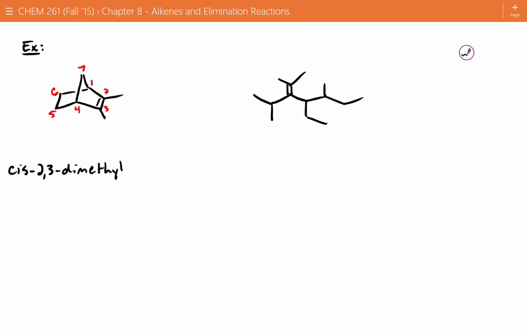And then what goes next if it's a bicyclic ring system? Bicyclo. And then we put in our brackets here. What should go in our brackets? 2, 2, 1.